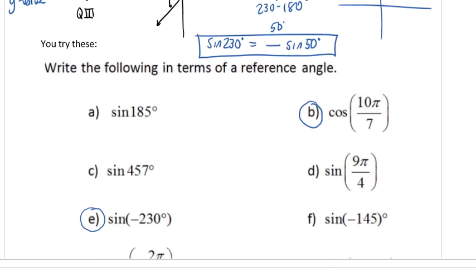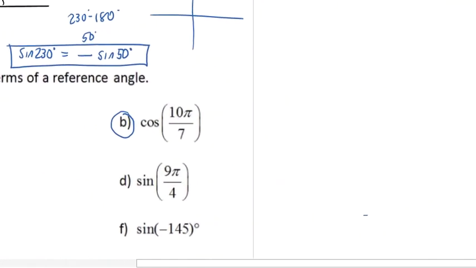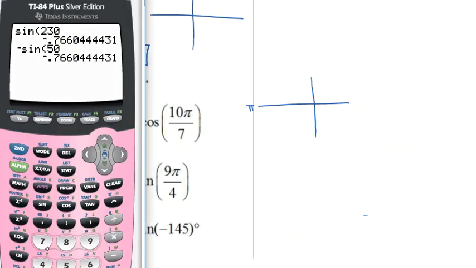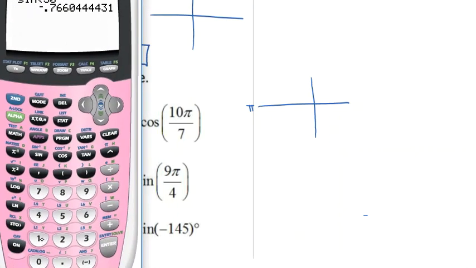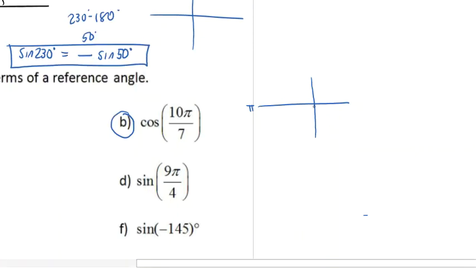Okay? So, do cosine of 10 pi over 7. Where is 10 pi over 7? Well, it's bigger than pi. And this is 1.5 pi. 10 sevenths is 1.42. So it's like here-ish. So I'm closer to a straight line than to a whole circle.